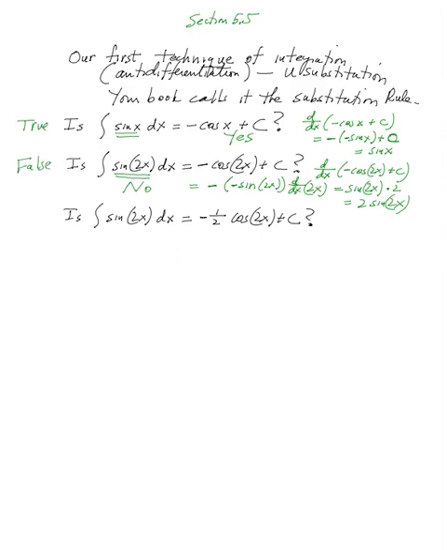is the most general antiderivative of sine 2x equal negative 1/2 cosine 2x plus c? Think about that.